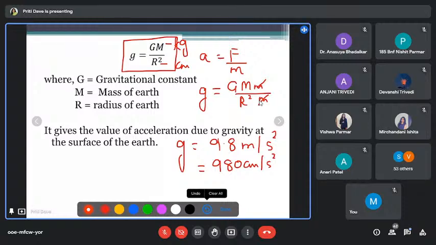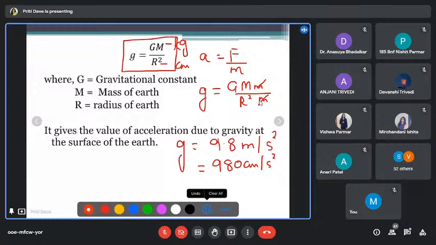So the equation of force is G m1 m2 by r squared. The equation of gravity is GM by r squared, where the equation of force is applicable to any bodies. When we talk about gravity, here we are talking about gravitational force exerted by Earth. That is why we have taken the mass of Earth and the radius of Earth.